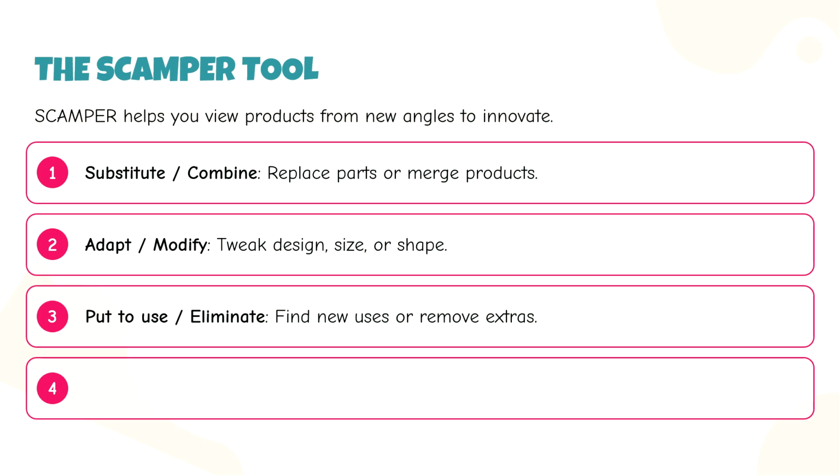P is for put to use and E is for eliminate. This helps you find new users or eliminate unnecessary specifications which customers might not need anymore due to changing preferences. And R refers to reverse, which is flipping the sequence or design of the product.